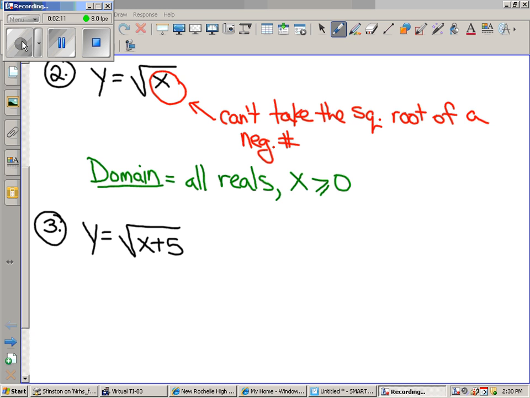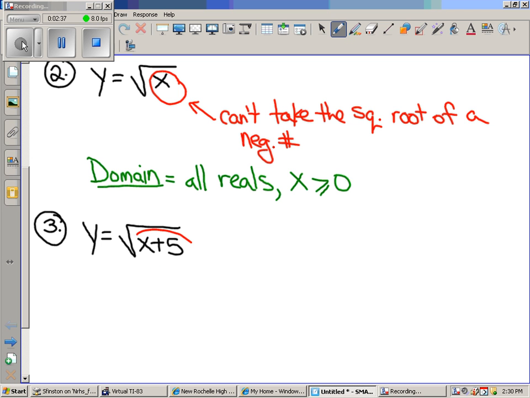Okay. Then we stepped it up a little bit of a notch. Instead of just having x's in the bottom or x underneath square roots, we had equations underneath the square roots. Same thing happens though in number 2. What can't the stuff underneath be? Melissa, any ideas? Very nice.